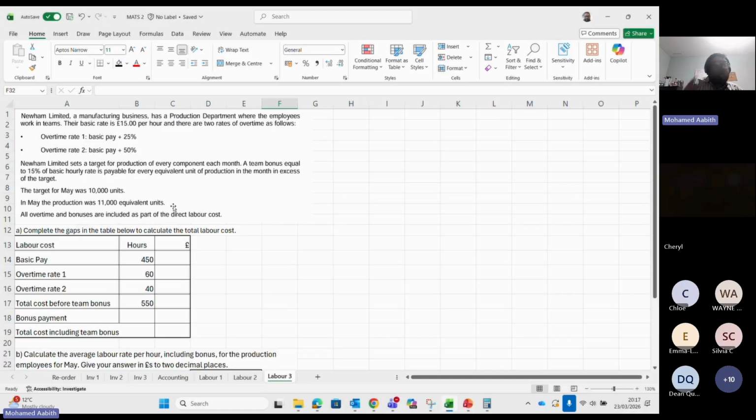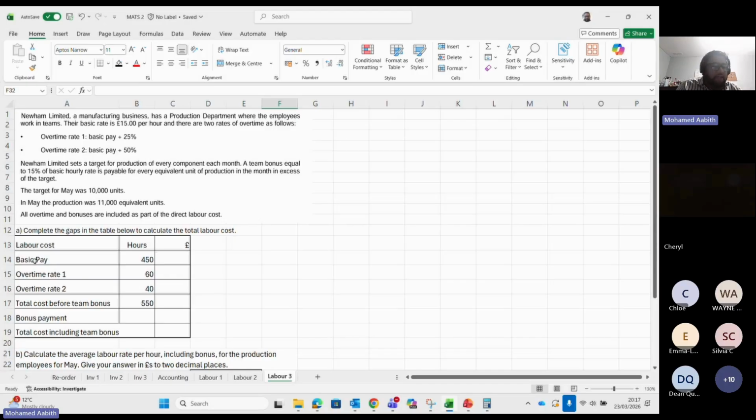That means completed and partially completed units on an equivalent units basis. All overtime and bonuses are included as part of the direct labor cost. So we're absolutely fine. They're not going to be overheads. They will be counted as direct labor costs. It's internal. Nobody bats an eyelid. It's how you're going to absorb cost.